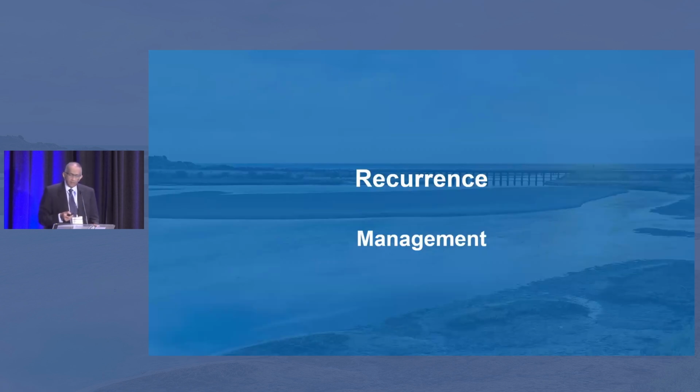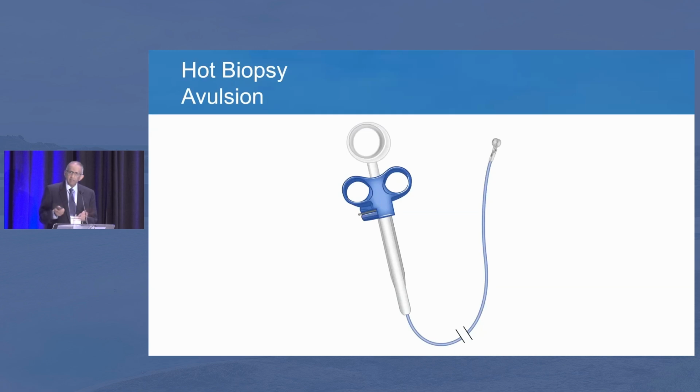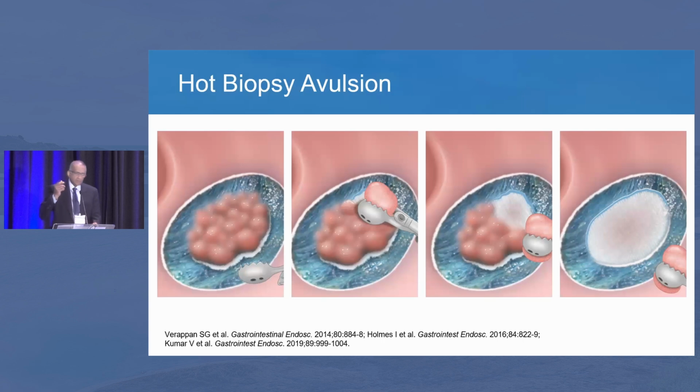When it comes to recurrence, there are several techniques people have described, but I feel that hot biopsy avulsion takes care of the majority of the recurrences. What you do is you set your electrosurgery setting to endocut I, and you hold the polyp, put a little bit of tension, and then press on the yellow pedal that will nicely dissect and avulse the polyp and get rid of the polyp tissue.